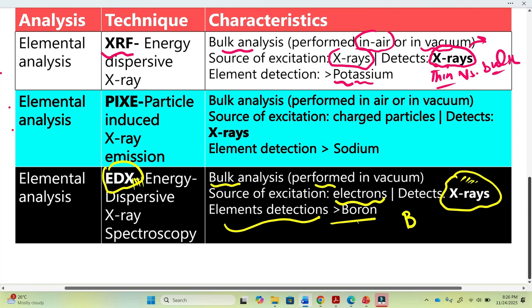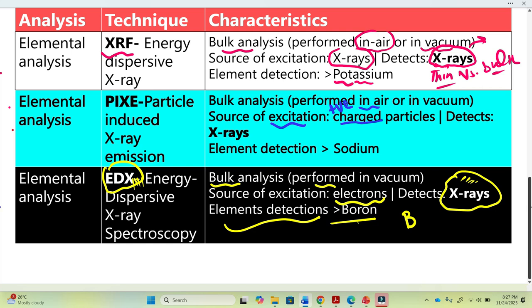Now the last technique is basically particle induced X-ray emission. It is again bulk analysis, and it is performed in air and vacuum, because here we use protons, heavy particles, so they are not affected by the air. Here the source of excitation is a charged particle, but most importantly a positive charge particle.